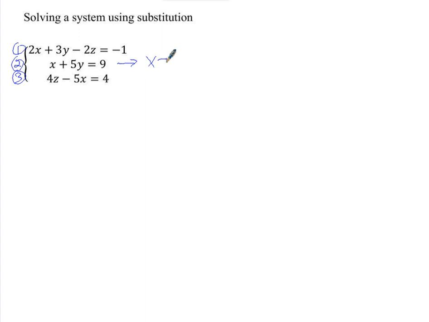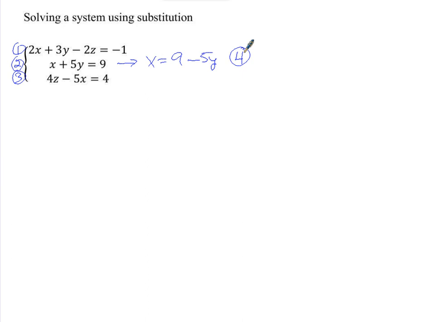It'll be x equals negative 5y plus 9, or 9 minus 5y. Again, you don't need to be in slope-intercept form here with substitution. So I'm going to write 9 minus 5y. I'm going to call that equation 4, just so that I can spot it easily. That's another benefit of labeling these equations. You can see them very easily.